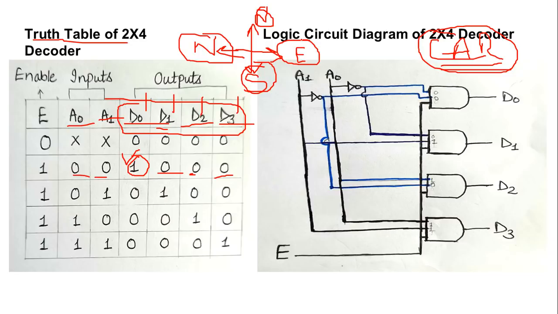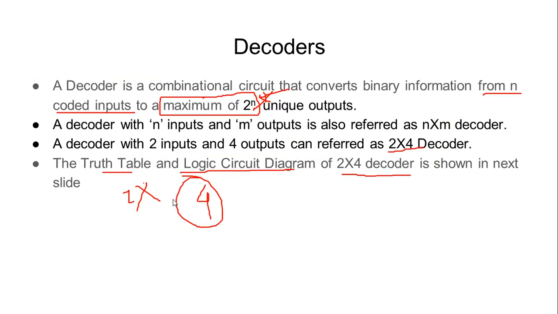This is the point which is very important to understand in case of a decoder. Depending upon whichever input we are giving to the decoder, accordingly I will have any one output activated. This is the reason why the term maximum of 2 raised to power n unique outputs is provided within the definition.